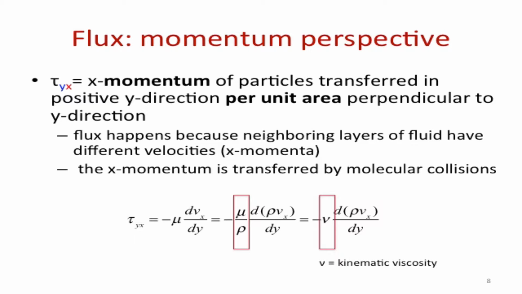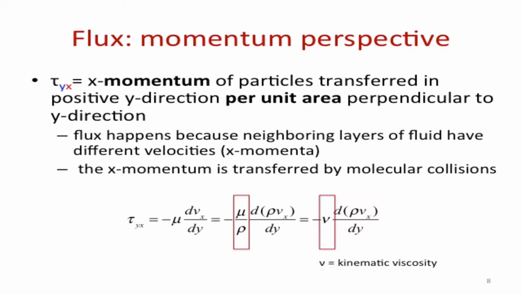Okay? So again, flux happens because these neighboring fluids have different velocities, so larger momentum in one of the layers will transfer to the smaller momentum region in other layers. And this x momentum is transferred by molecular collisions.